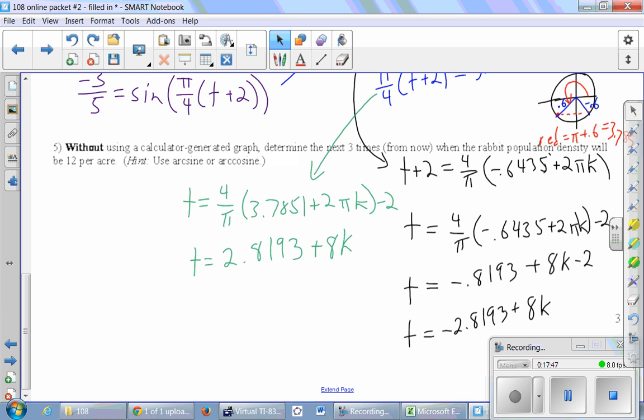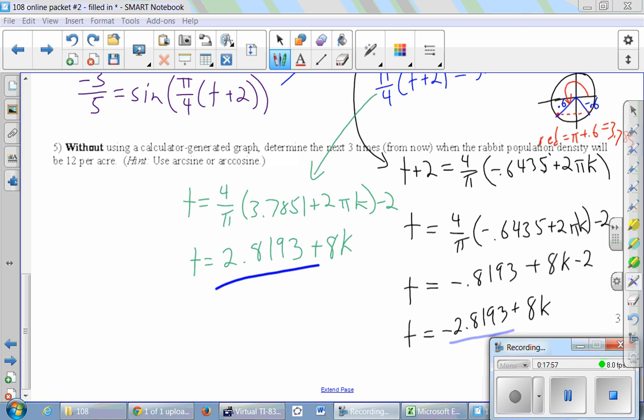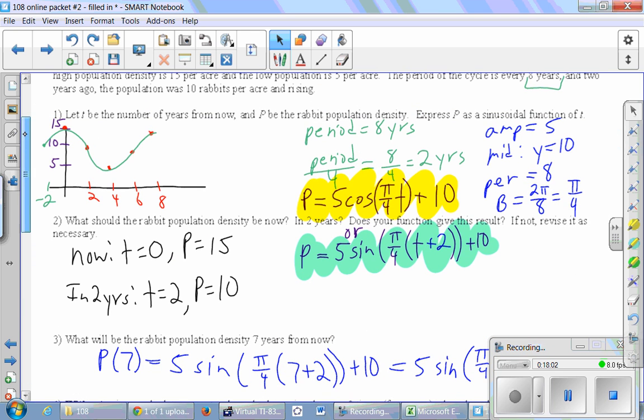Is that reasonable to have the same number? Okay, I do think it's reasonable. I was a little bit surprised to see the negative 2.819 and then exactly the same thing but positive. But then I took a quick peek at our graph up here. We were looking for places where the population was at 7, a density of 7.